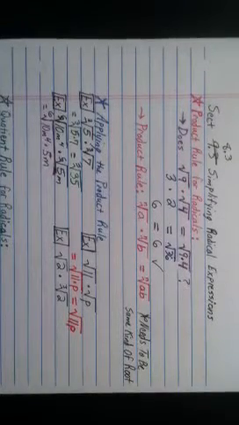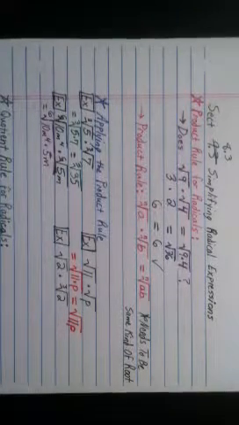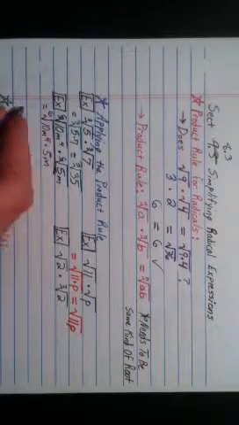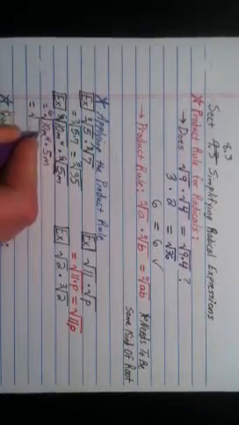Multiplying 5m times 10m to the 4th is going to give us 50m to the 5th. So we have the 6th root of 50m to the 5th.